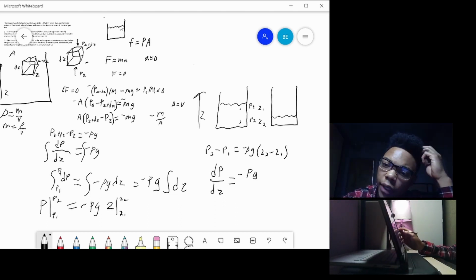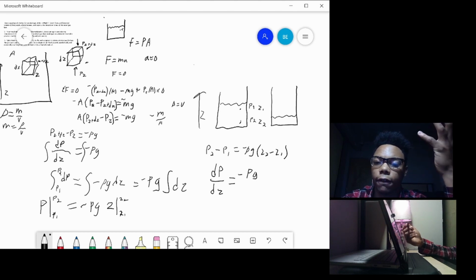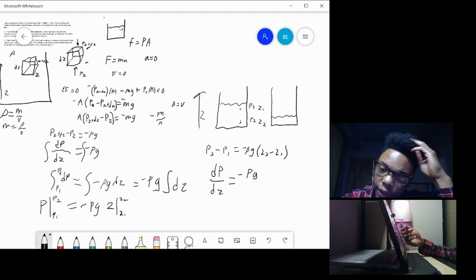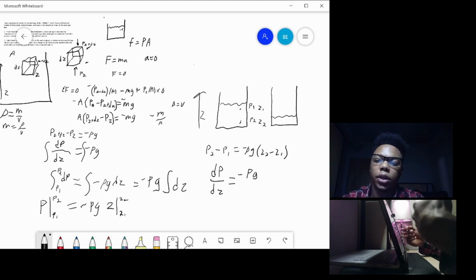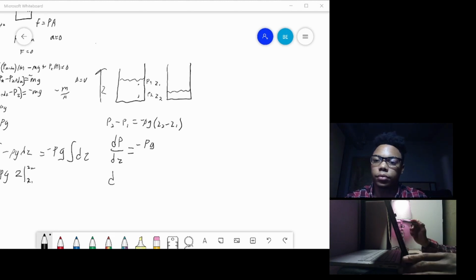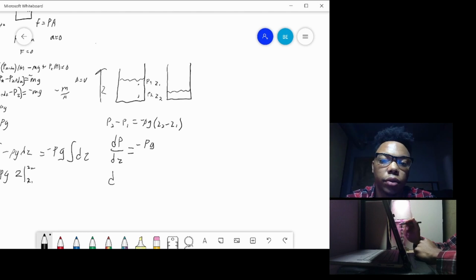Since we want to get this in terms of pressure and volume, we're going to need to take our density and put it in terms that are going to help us. So now we have dP over dz equals negative rho g.